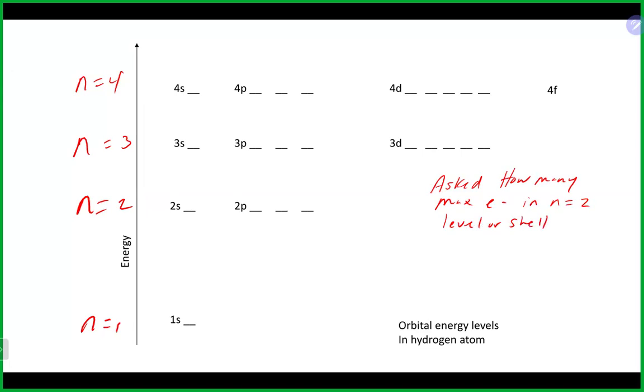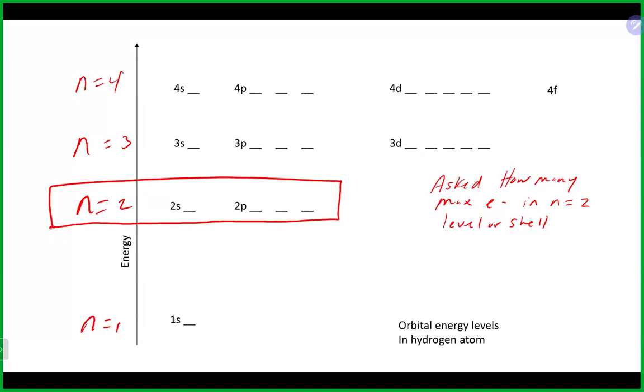Again, when you're asked that question, when they talk about a shell or a level, some books, depending on when it's written, what they're talking about is if you went to that energy level and you basically would count all the orbitals that are on that energy level.